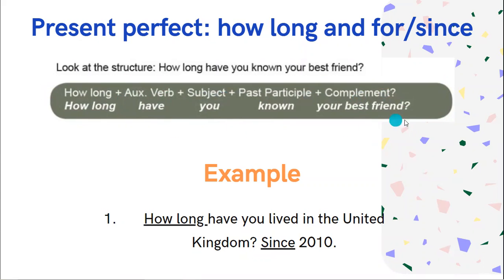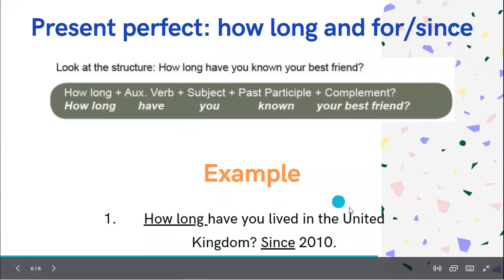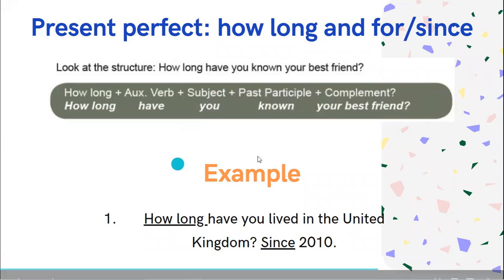This is just the same as the interrogative form, but we're adding at the beginning how long. For example, how long have you lived in the United Kingdom? Since 2010, okay? So you have here since for an answer and how long for the interrogative form of the present perfect.